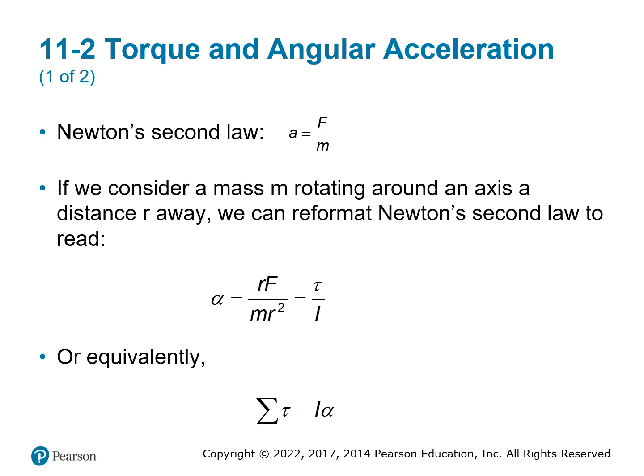So if you know that your torque is the rotational equivalent of force, angular acceleration is the rotational equivalent of acceleration, and then your moment of inertia is your mass rotational counterpart, then you can say that angular acceleration is equal to the torque divided by the moment of inertia, or more commonly you will see written this way.